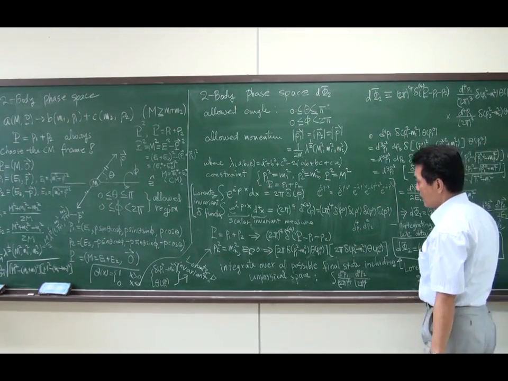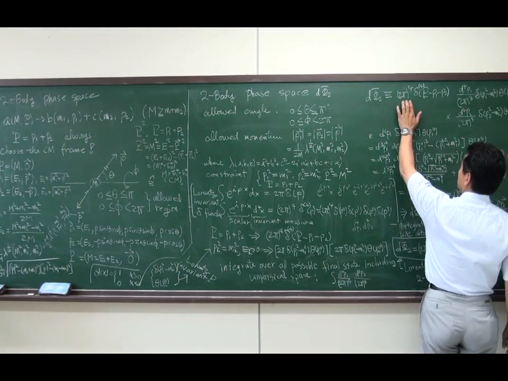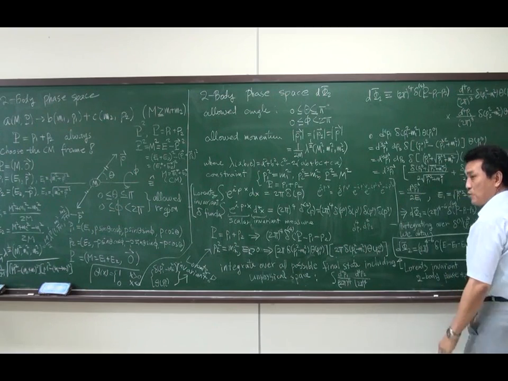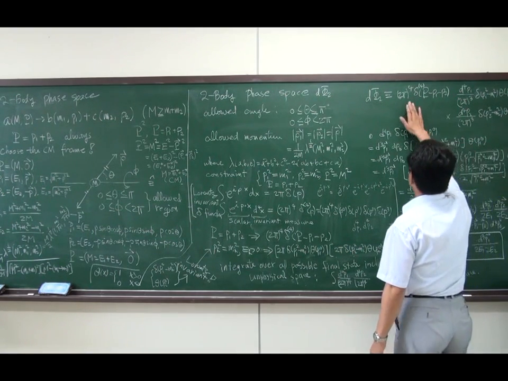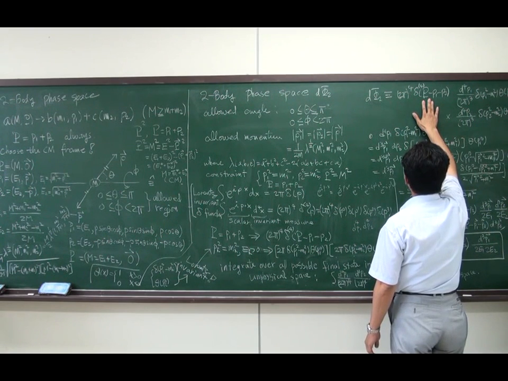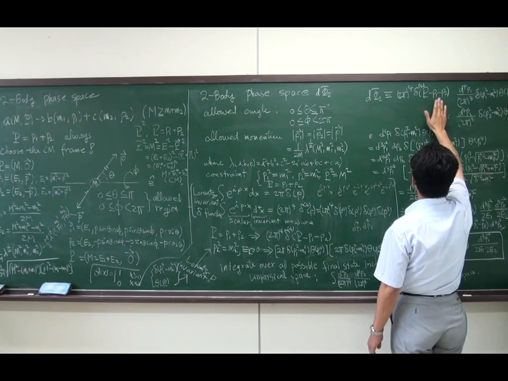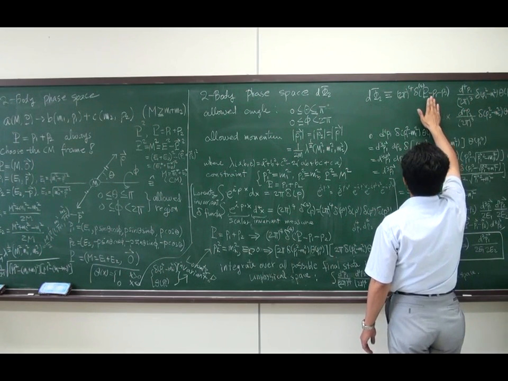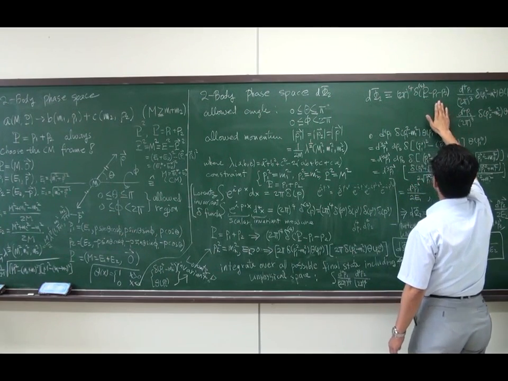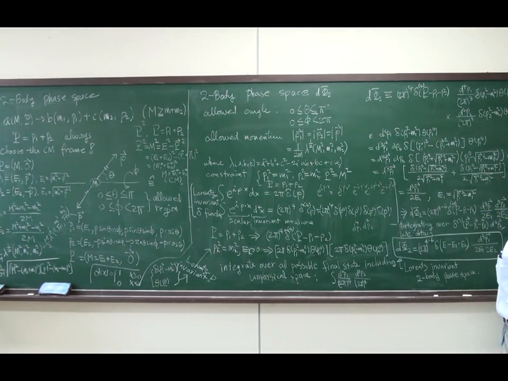That is, I have energy momentum conservation. 2 pi to the fourth power is coming from the fact that we have 4 delta functions, a 4-dimensional delta function, requiring that the energy of the initial and final states is the same, and each component of the 3 momentum must be the same between the initial and final state.